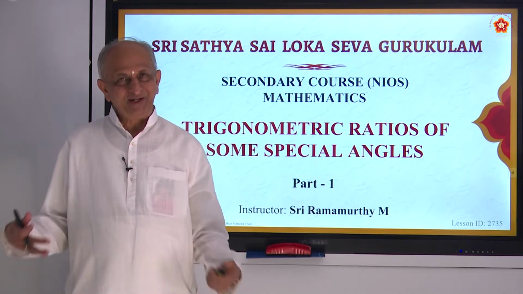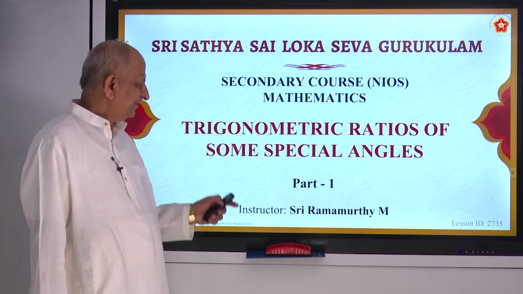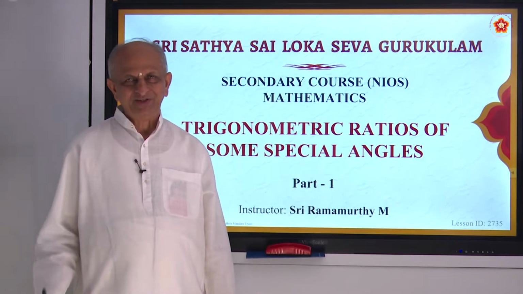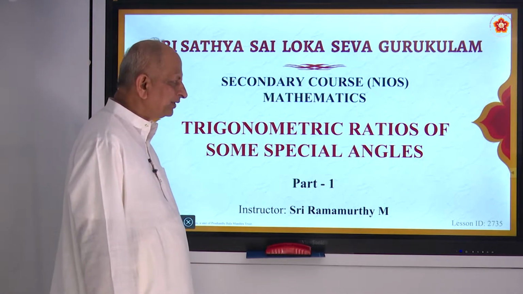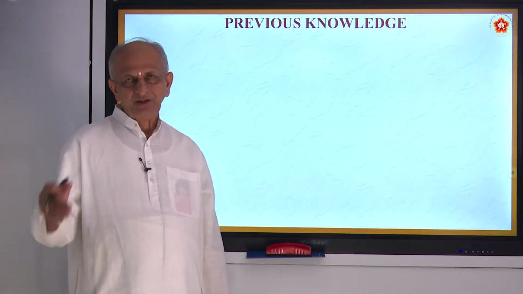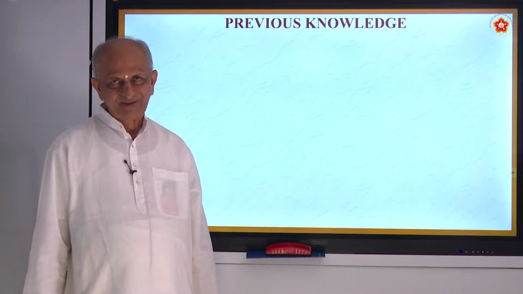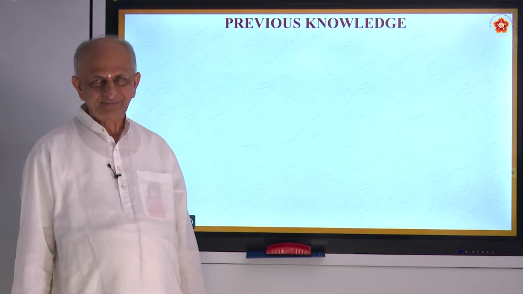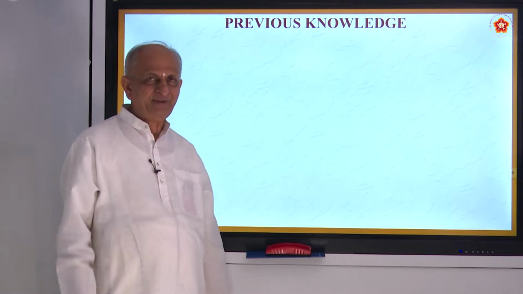Now we are coming to a very new branch of mathematics called trigonometry. As you have seen in the earlier classes, trigonometry is a branch of mathematics which deals with the... TRI means triangle, gon means sides, three sides, and metry means measure.